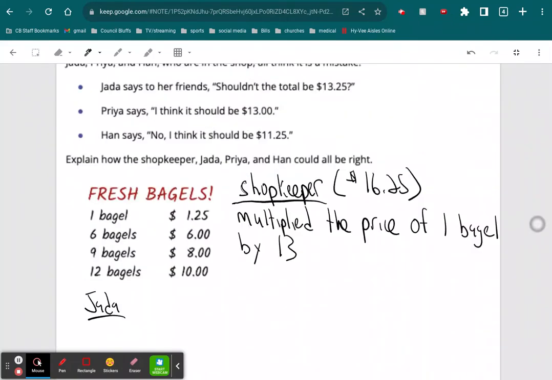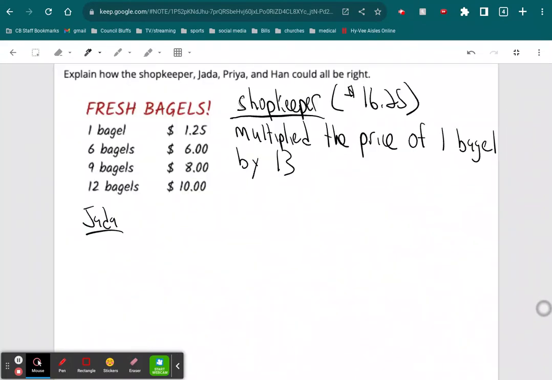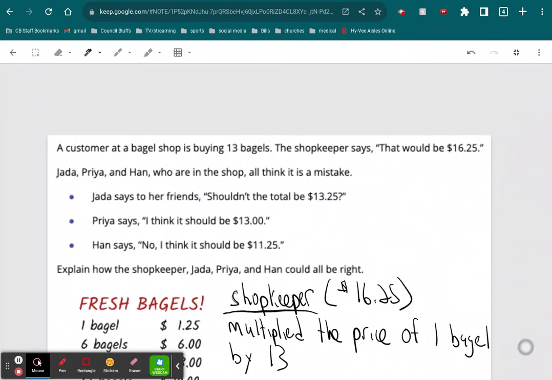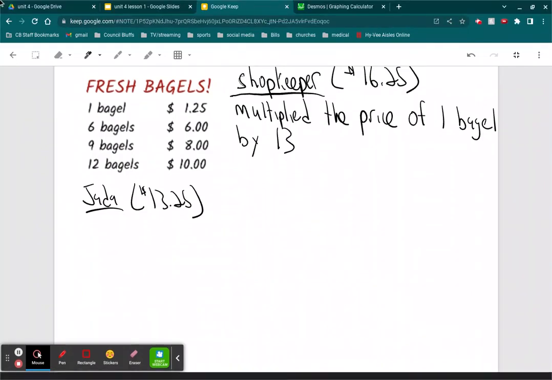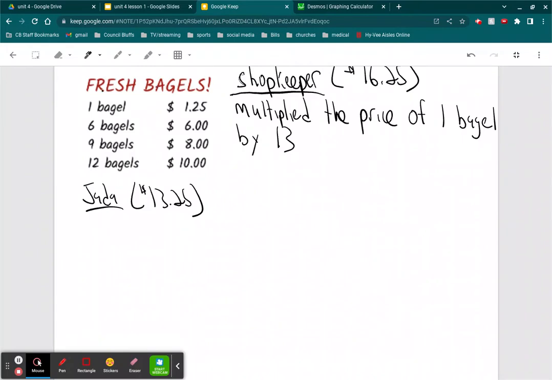total. Jada thought that the total should be $13.25. So how could we get $13.25 based on these prices here?